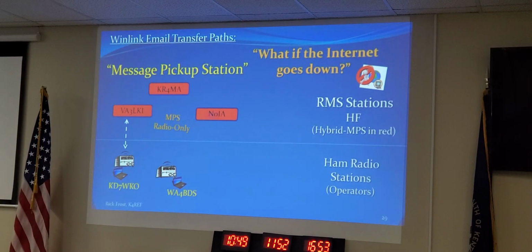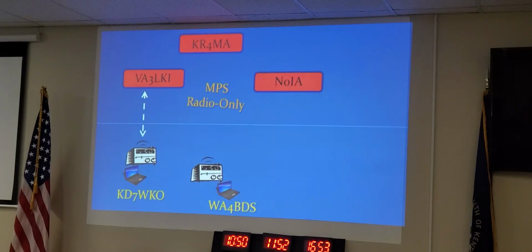So when KD7WKO sends an email out to WA4BDS, he does not have to know which stations are WA4BDS's MPS stations. He just connects to a working Winlink hybrid station, and the email will be passed along to the appropriate MPS station. In this case, KD7WKO connects to VA3LKI and sends the email out.